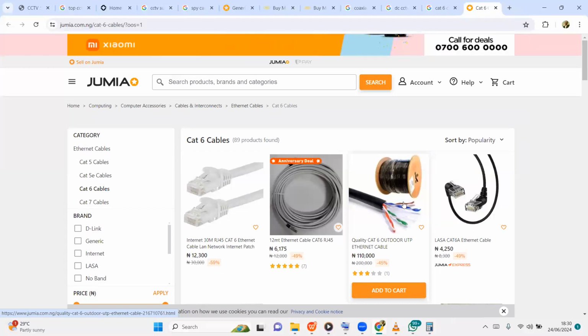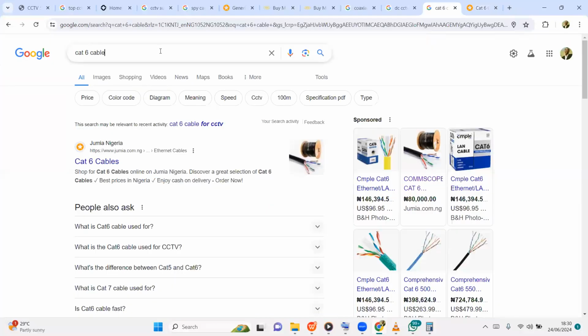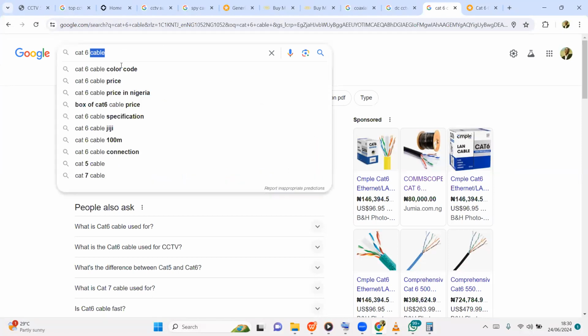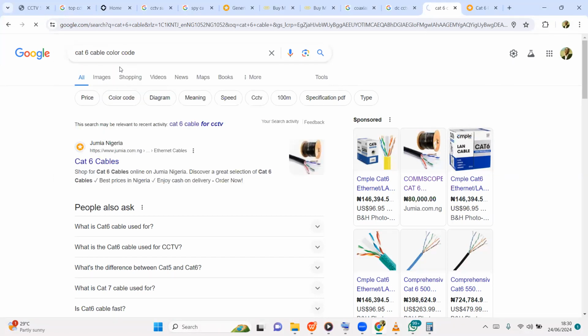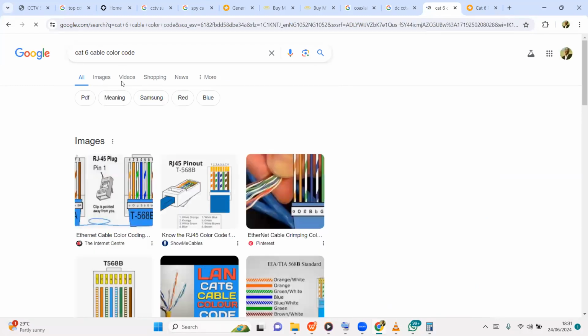So inside this Cat6 cable, you have orange, white. Let me see. Cat6 cable images, color code. So you have orange-white, brown-white, blue-white, and green-white. So that's the 4 pairs of cable you have in an RJ45 cable, right?